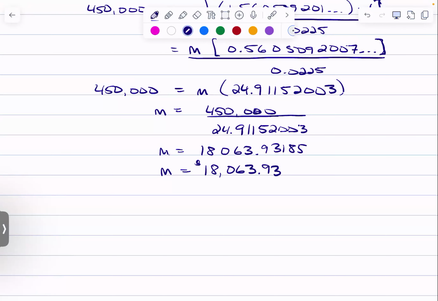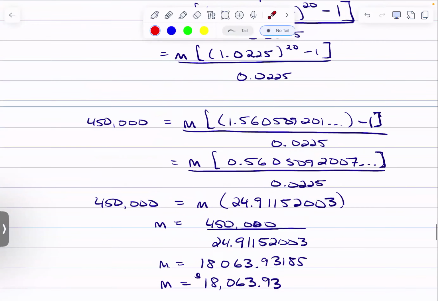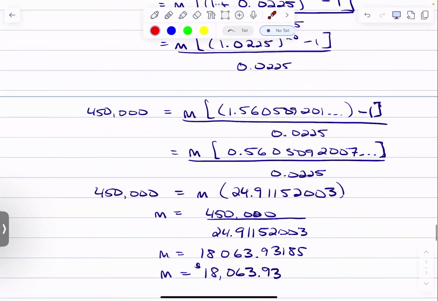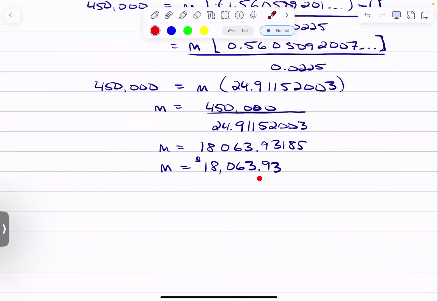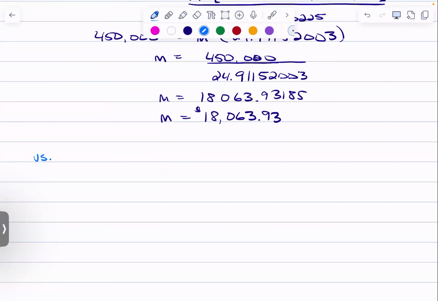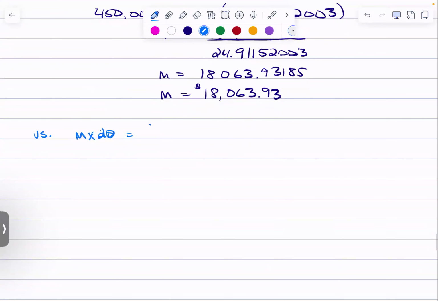Let's think about it this way, though. They made 20 payments, quarterly for 5 years, of $18,063.93. So how much money did they actually pay to get this 450,000? I'll do a little side note here. Versus M times 20, which is 18,063.93 times 20.